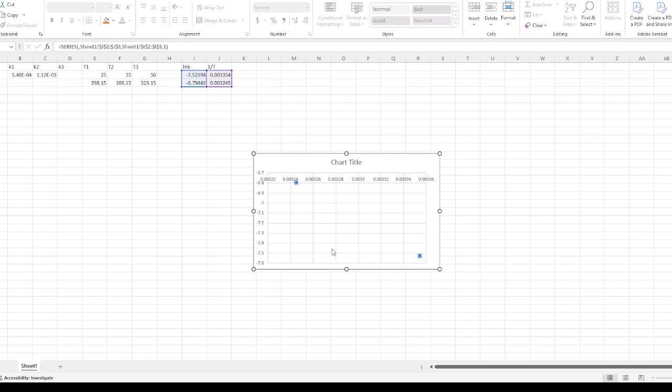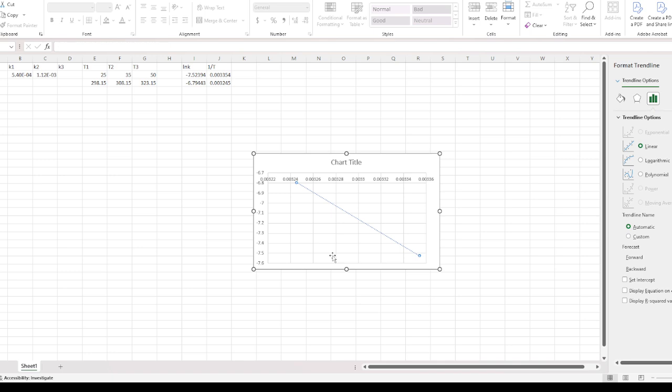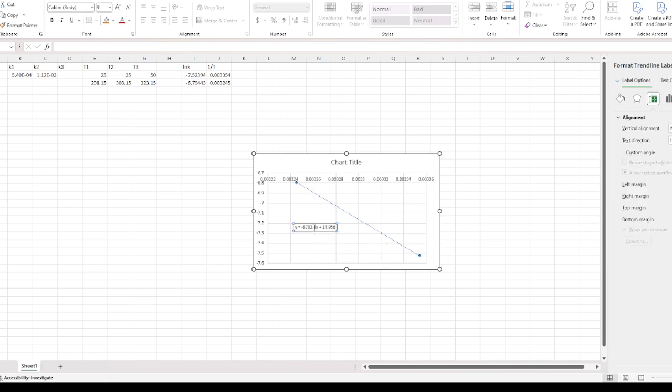However, I'm going to want a trend line out of this. If I add a trend line, I can do a linear one, and I want to show the equation. Now the equation of this trend line will give me all I need.